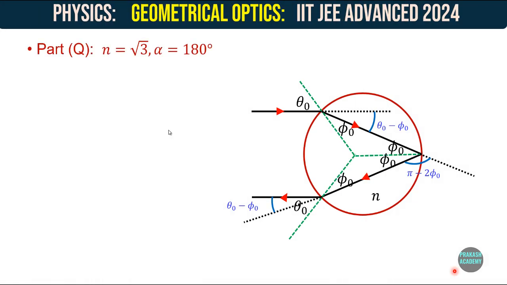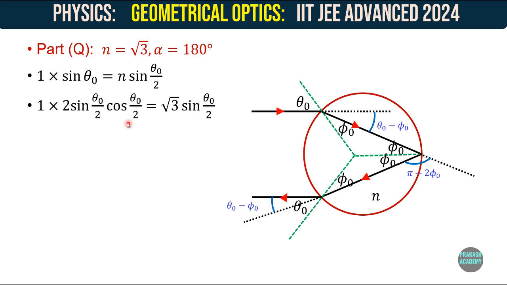Now let us consider part Q. In this part the n value is given, that is root 3, that is refractive index, and alpha is given, this equals pi. So we have already derived that this expression 1 times sin theta naught equals n times sin theta naught by 2, and I can use sin theta equals 2 sin theta by 2 into cos theta by 2, and I can plug n equals root 3, and I can take sin theta by 2 common, then I will have this.